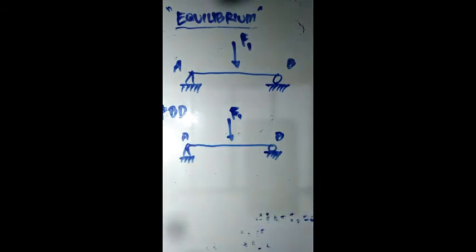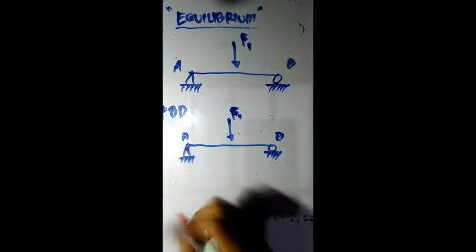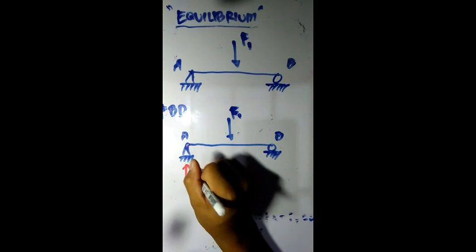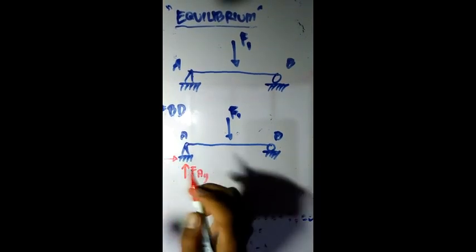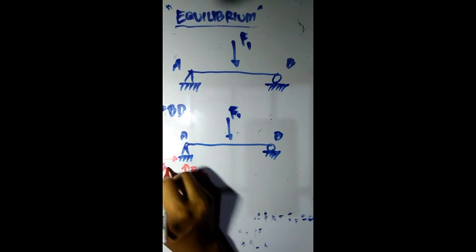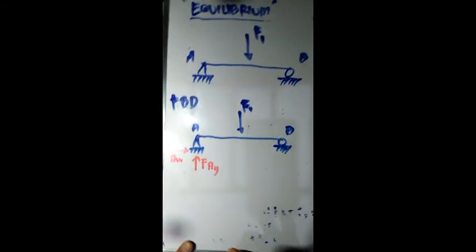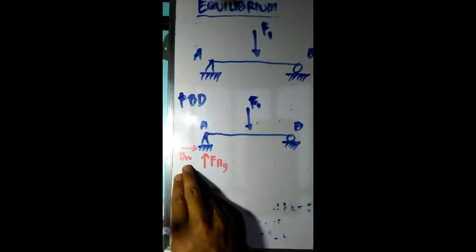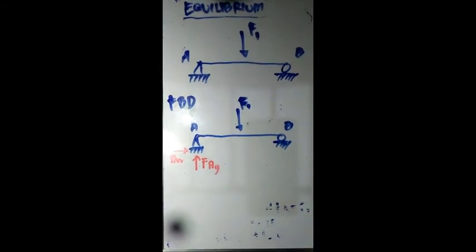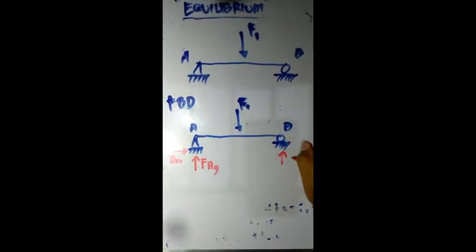Sa hinge, if we are to consider mechanics, may dalawang forces dyan na nag-exert. That is FAY at saka si FAX. Sa hinge, may dalawang components yung forces, along X at saka along Y. Pero sa roller, take note, isa lang yung nag-exist dyan, that is along the normal force.